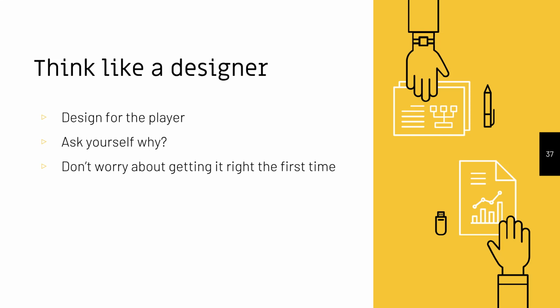And don't worry about getting it right the first time. In game development and software development in general, there's this idea of iterative development where you're just making things over and over again and learning from your past mistakes when you're making your new design.